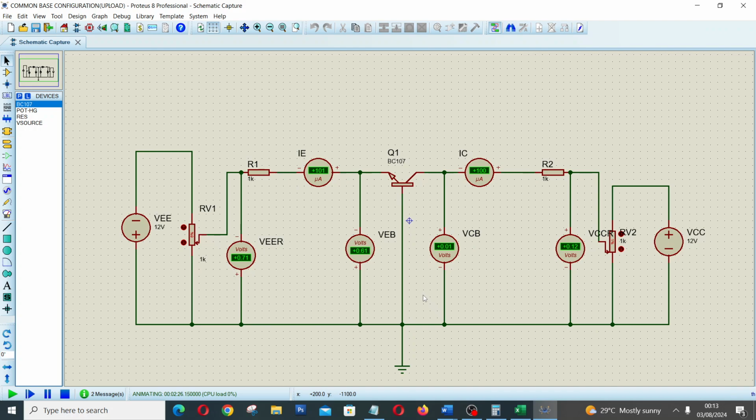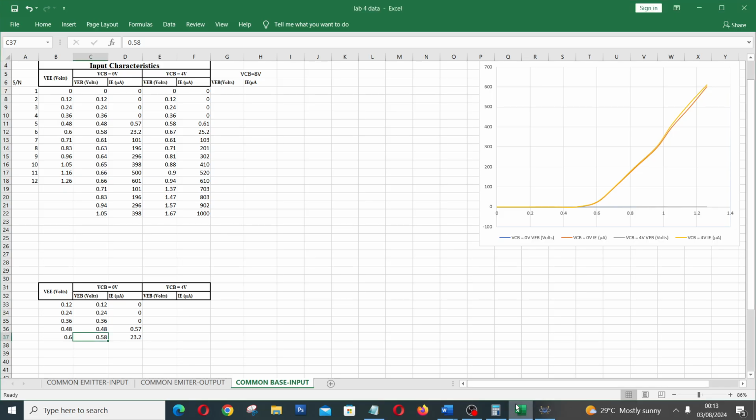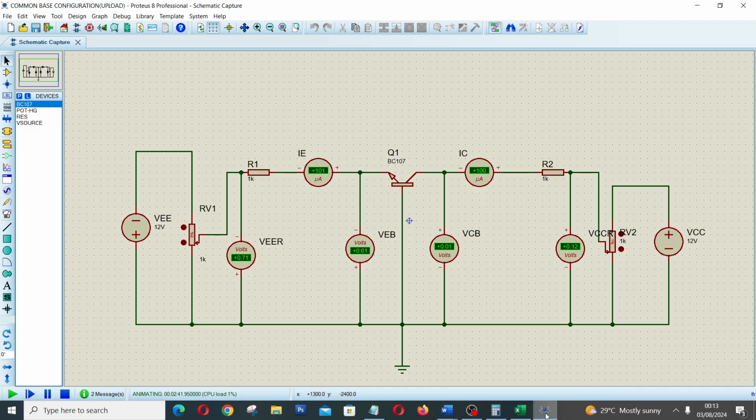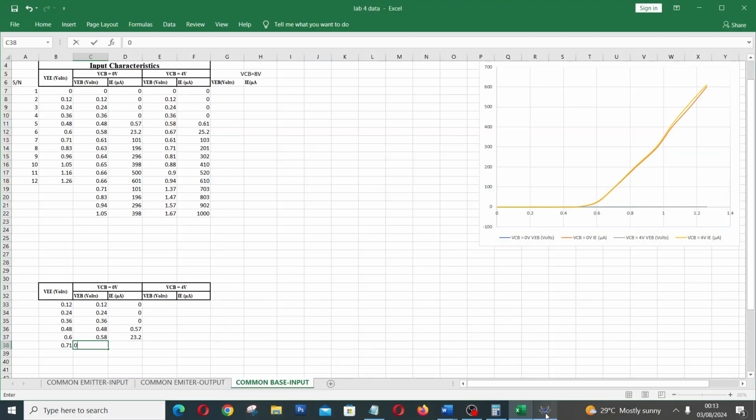So when VEE is equal to 0.71, as we can see, our VEB is 0.61 and our IE is 101 microamps.